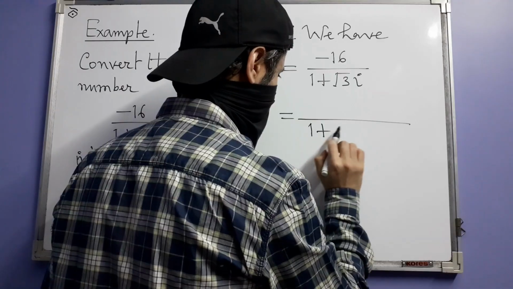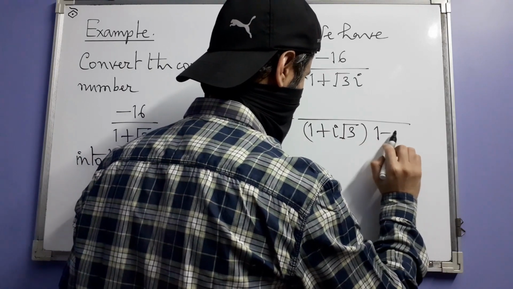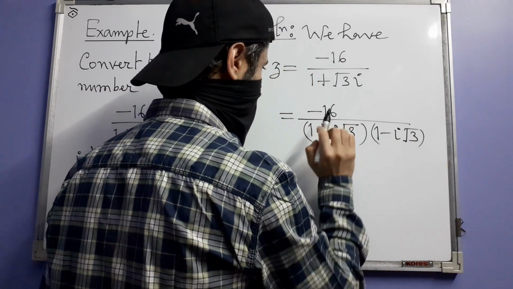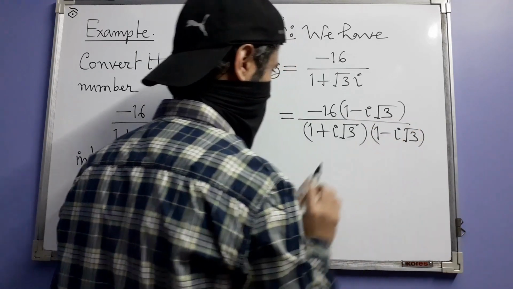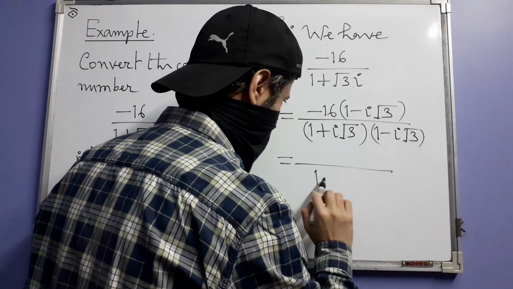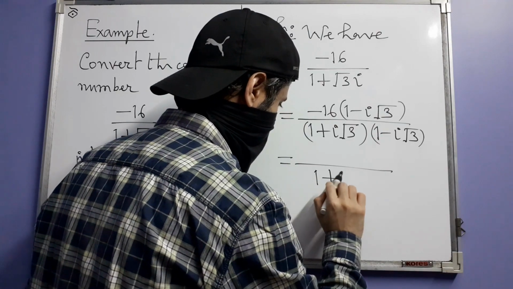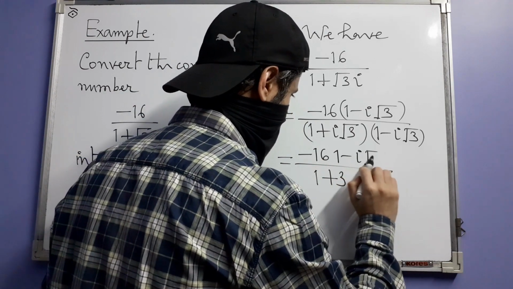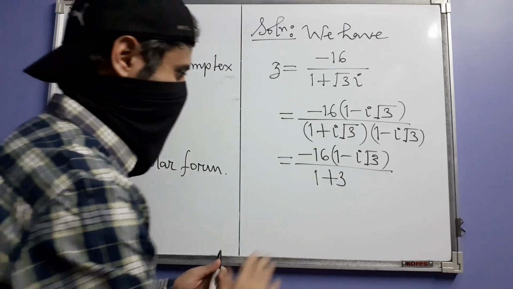So we multiply and divide by the complex conjugate of the denominator. So that will make the denominator what? 1 plus 3 actually, which is 4, and that way we get, so you will have 4 here.